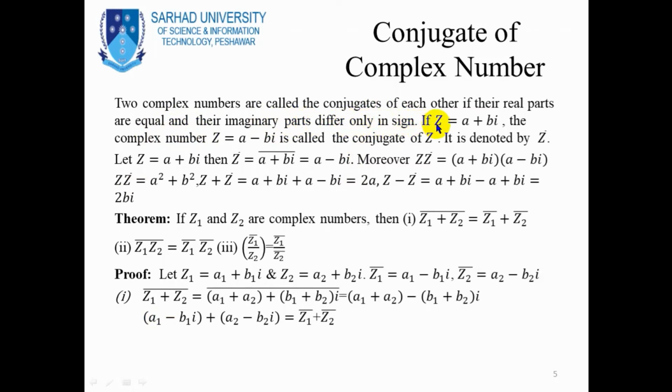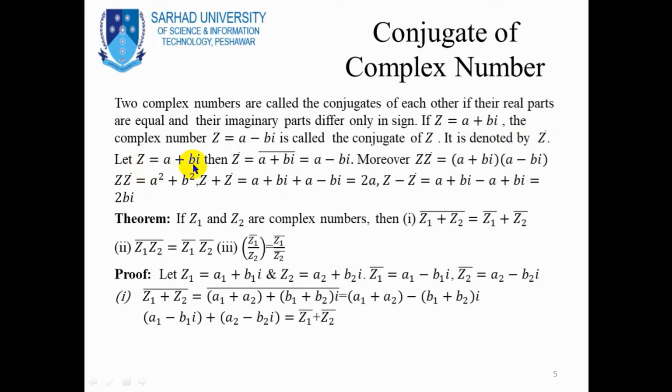For example, z is equal to a + ib. Then the complex number a - ib is called the conjugate of the complex number z. It is denoted by z bar.